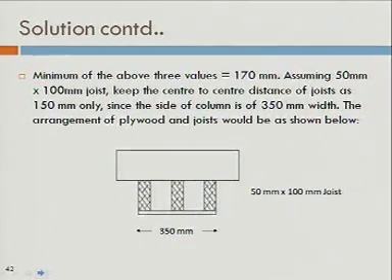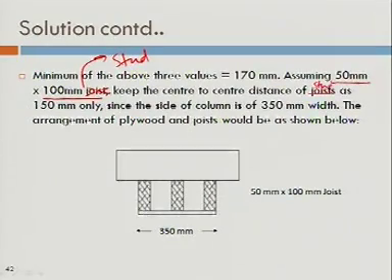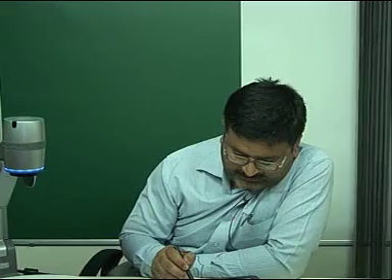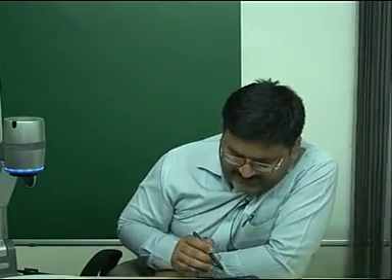Now just try to see, if you are assuming that you are using 50 millimeter by 100 millimeter stud, then can you find out the exact distance? Suppose it is like this. We want to find the exact distance, so I will show you in this slide.